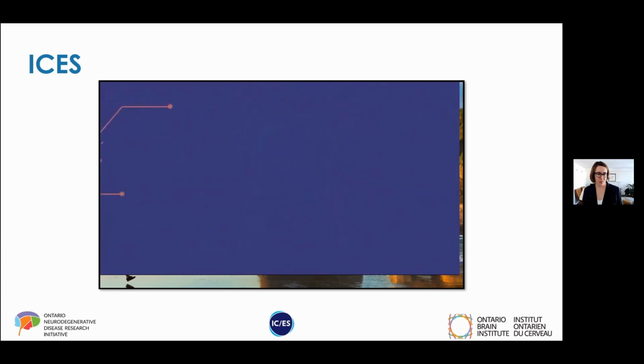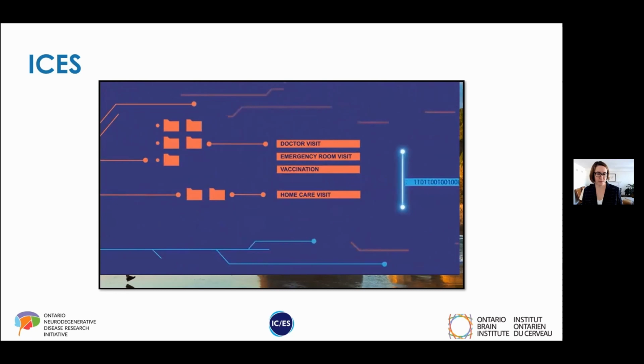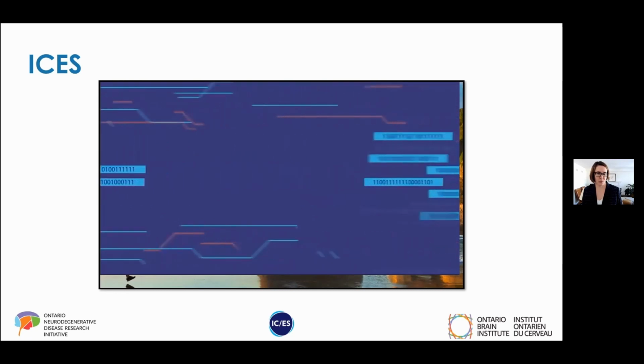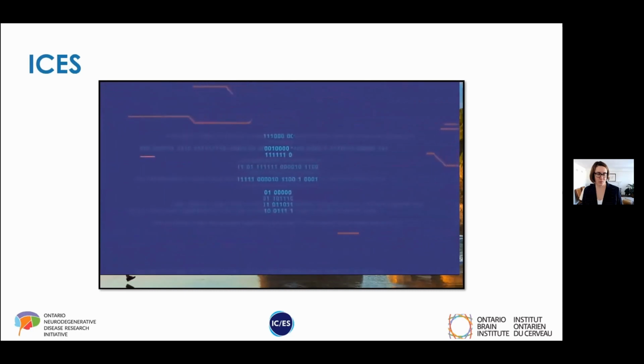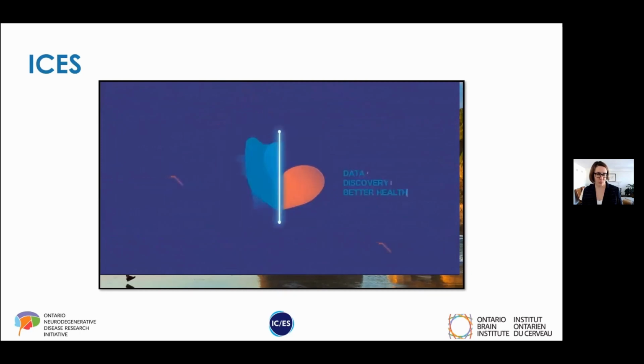We go to great lengths to protect this important data and the public's privacy. In fact, the first thing we do is to remove names from the data before it is used for research. Through our innovative use of administrative data, ICES generates powerful evidence that is used in the planning and evaluation of Ontario's health system, evidence that supports better policy, a stronger healthcare system, and healthier people.